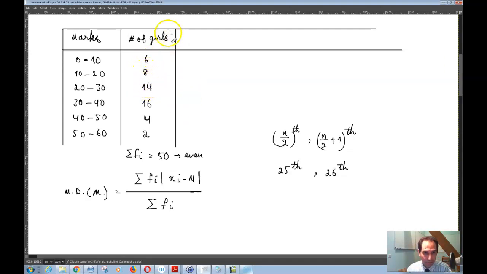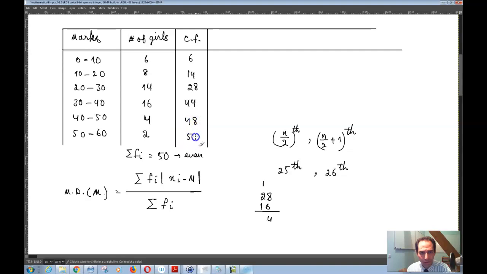If you calculate the cumulative frequencies of these classes, that would be easier for you to find these observations. So 6 plus 8 is equal to 14, 14 plus 14 is equal to 28, 28 plus 16 is equal to 44, that's 48, and then you have 50.